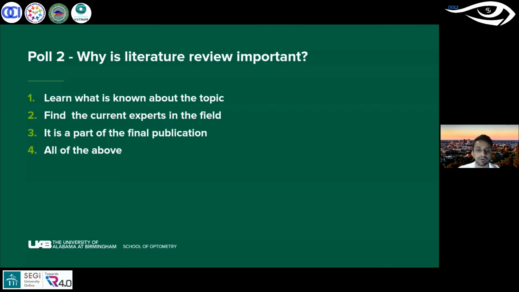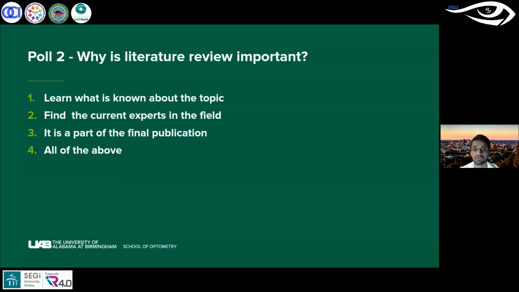But one of the main reasons to do a literature review at the start is to learn about what is known about the topic. Science is pushing the edge of the understanding of the topic forward. So if we know something, we are just going to add a very small fact or a very small conclusion to what is already known, and that is pushing the edge forward.